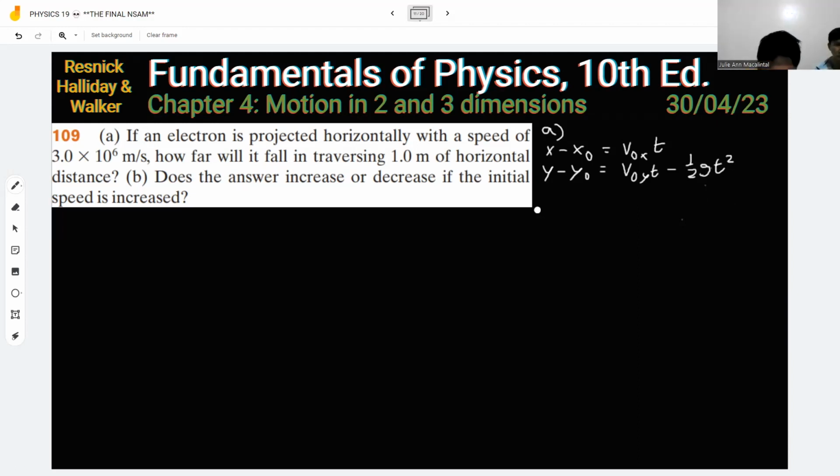Okay, nice. So, ngayon, ano yung mga alam natin? Yung initial velocity is horizontal, and it's given. So ano yung V0x at ano yung V0y?